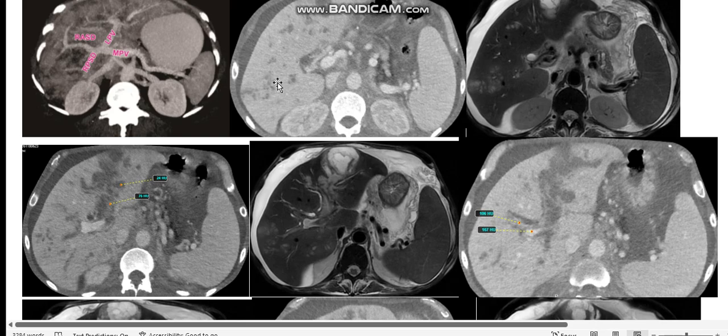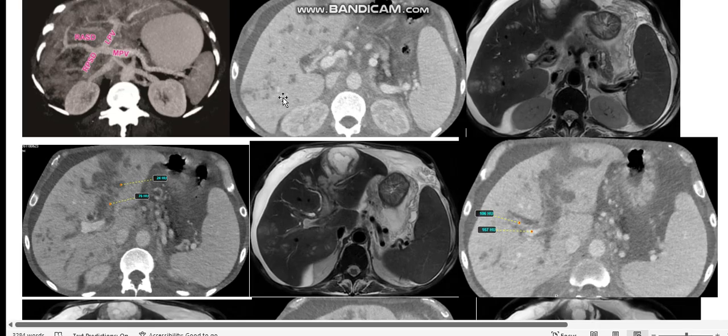Hepatic abscess can be small and can be large. Okay, so a smaller hepatic abscess doesn't show an enhancing wall or halo of edema. However, the larger hepatic abscess shows a halo of edema and an enhancing wall.